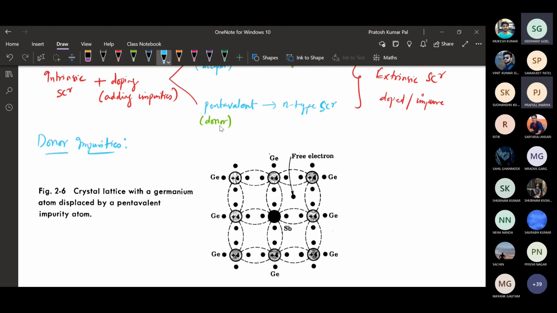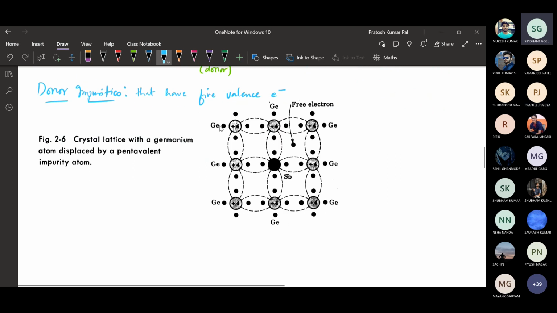So it is pentavalent means its valence electron or the outermost shell will be having 5 electrons. If it is a donor impurity, it is an impurity that is having 5 valence electrons in its outer shell.